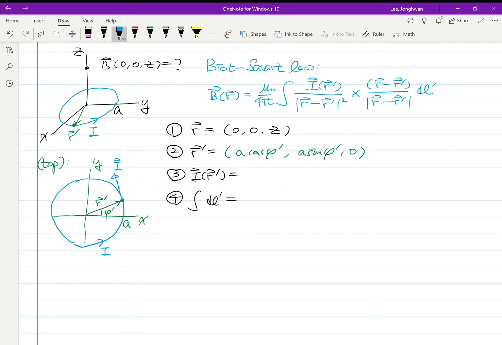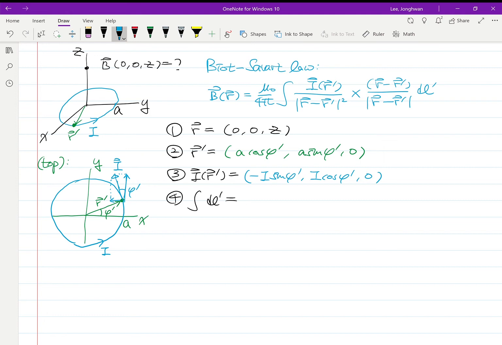Okay, and in the Cartesian coordinate system, you can decompose this I vector into x component and y component, and here's the angle phi prime. And again, the current has no z component, so its z component equals 0.